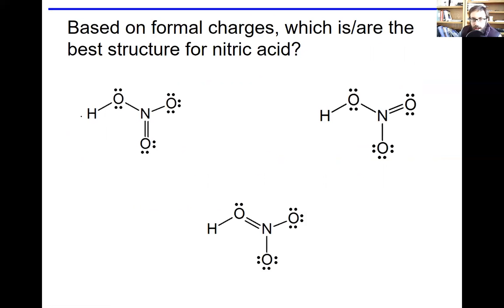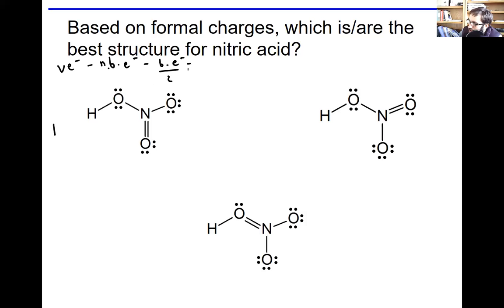And so now we're going to calculate formal charges for all these different elements. So here's hydrogen. Hydrogen has one valence electron, right? And remember the formula for formal charges: valence electrons minus non-bonding electrons minus bonding electrons divided by 2.